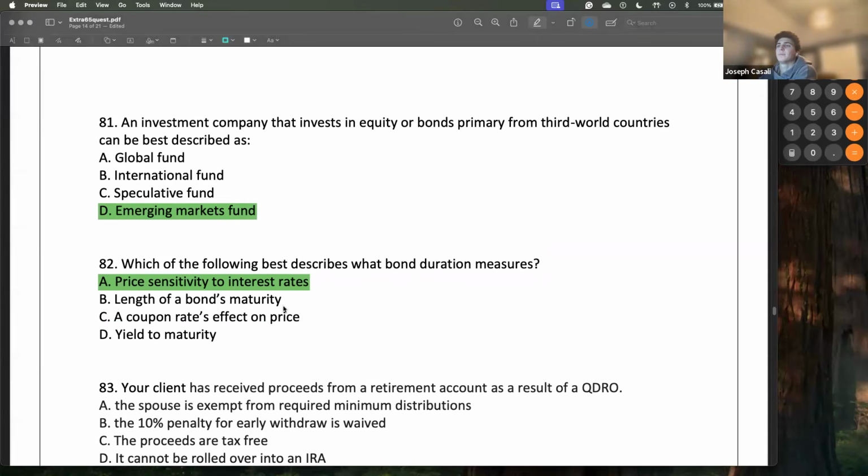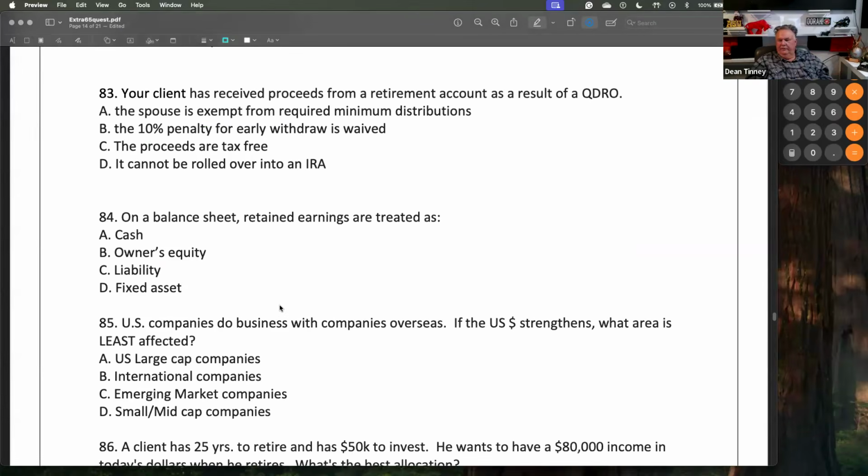All right. 83(b) quadros are very testable. That's very much a test question. That's a qualified domestic relations order. It's from a court telling the custodian to distribute a portion of the retirement account to that ex-spouse.